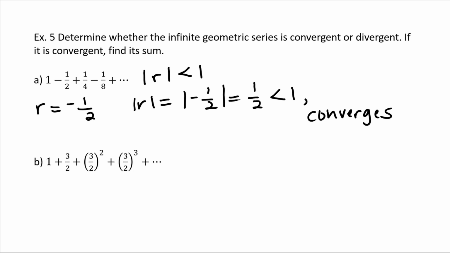Now, we say that an infinite geometric series diverges if the common ratio is equal to or greater than 1. The common ratio for this geometric series is 3/2, which is greater than 1, so we say that this geometric series diverges.